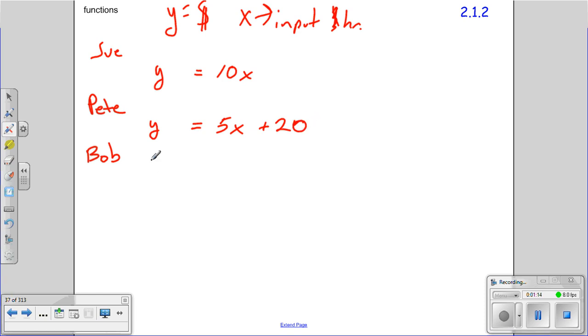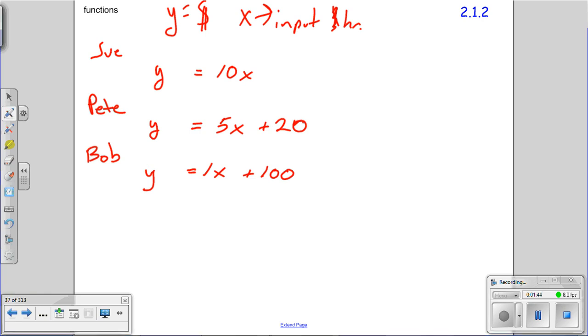Then Bob gets paid a flat fee for showing up: $100 a day for showing up, and then $1 for every hour. So obviously they all are based on the number of hours of work. But notice we have different equations, and the outputs are different because they all get paid differently.